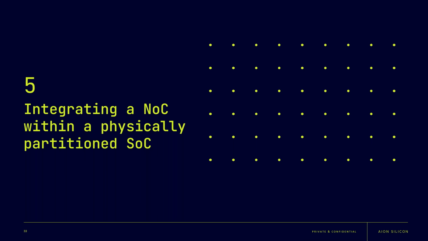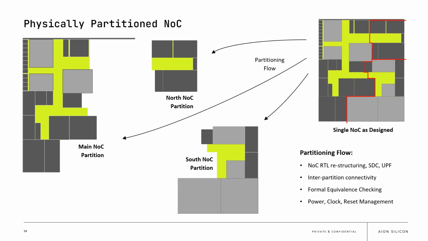Now I'm going to cover the integration of a NoC within a physically partitioned SoC. So why partition a SoC? Usually the requirement to partition a SoC is driven by backend requirements. They might find the need to harden certain parts of the SoC early if they are not expected to change over the course of a project.